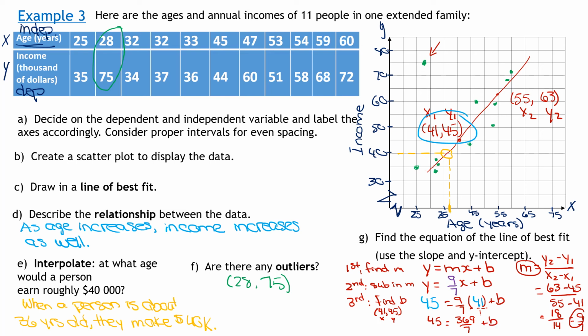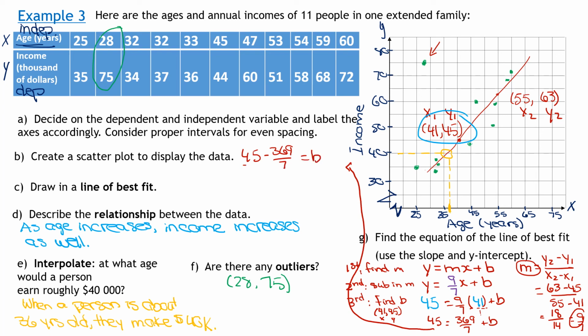So let me move, where do I have room here? I'm going to move up here. So I'm going to bring my fraction over. So I have 45 minus 369 over 7, and that all equals b.